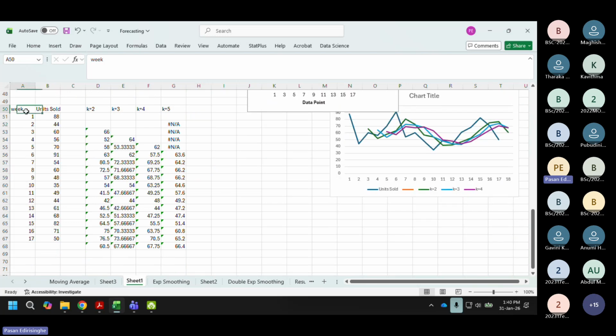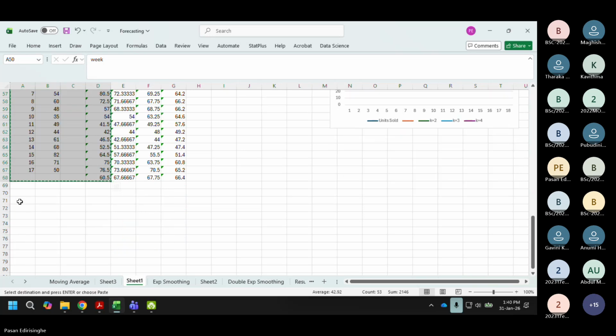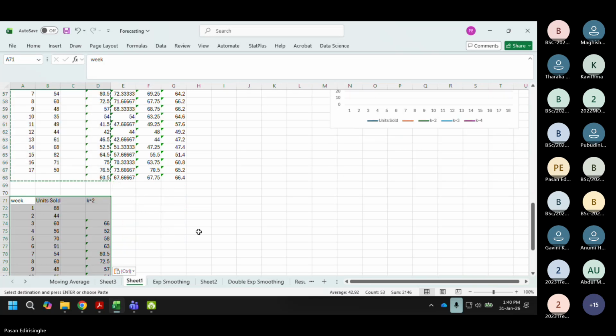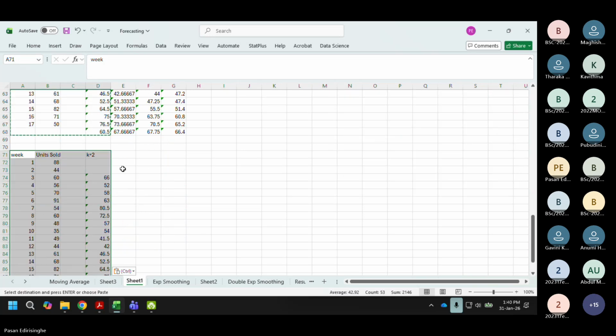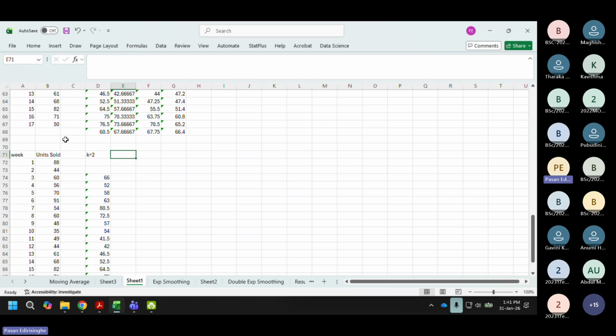Let me take, we'll start from k equal to. First thing is that once you have the predicted values, we can measure the error.